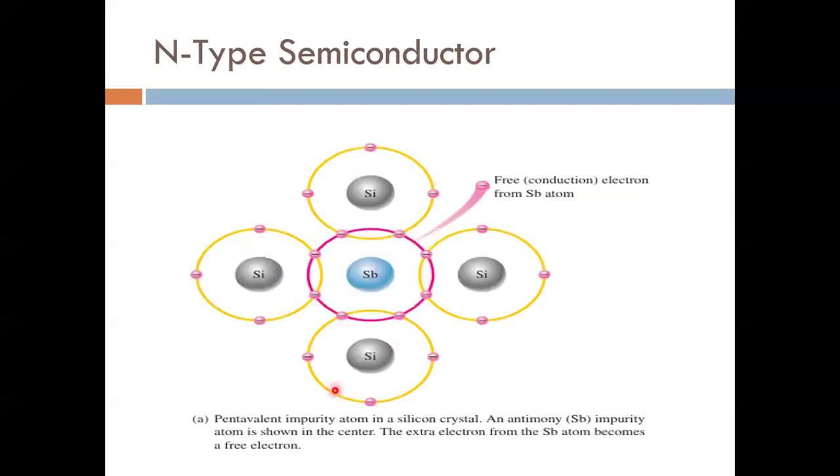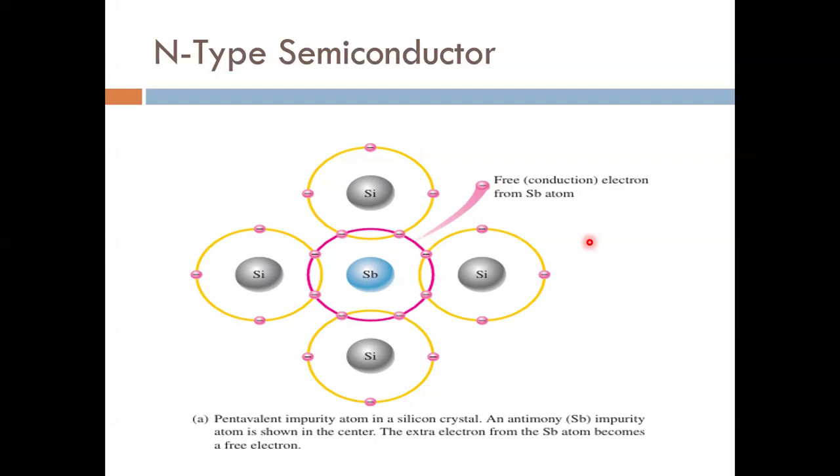Now these are silicon atoms. Within them, one atom of group 5, that is antimony, is added, and of course it has 5 electrons in its outermost shell, so there is one extra electron, and this one extra electron will act as a free or conduction electron and will actually result in extra free electrons.